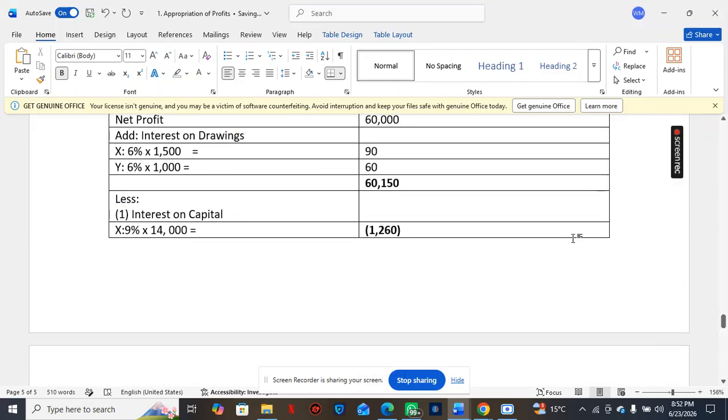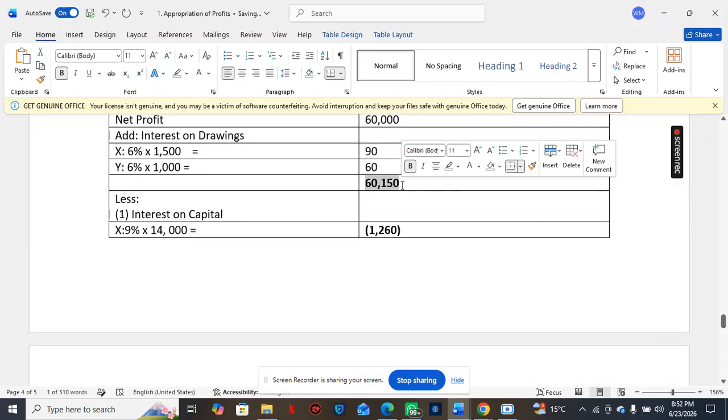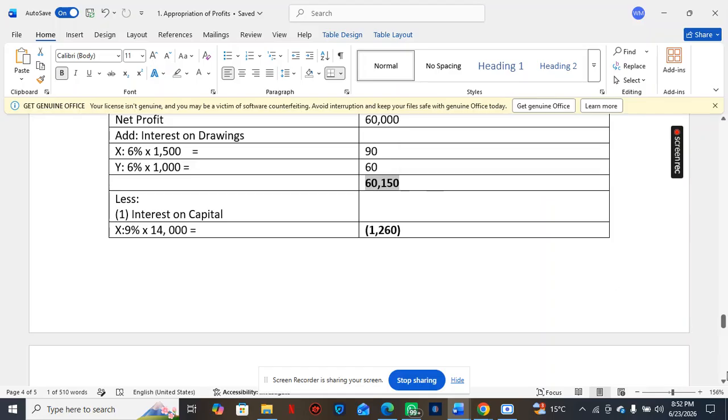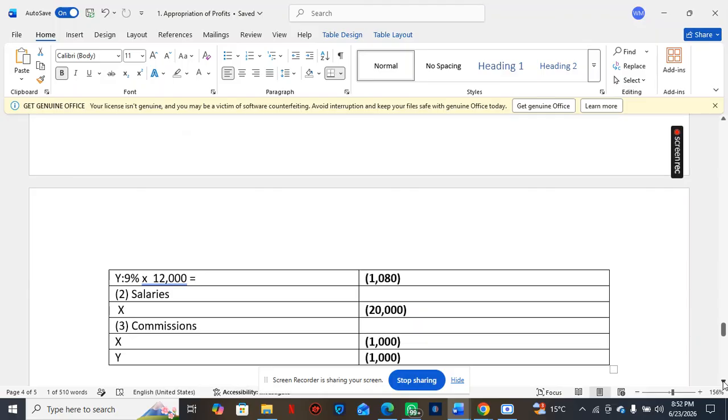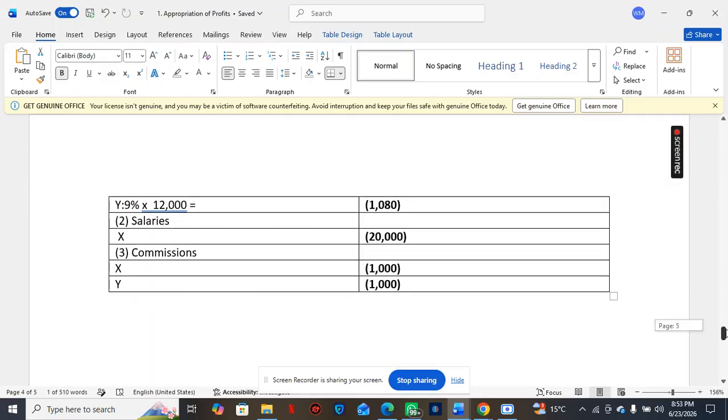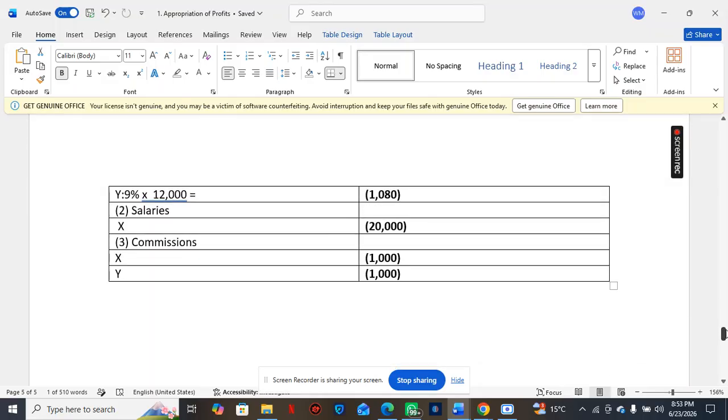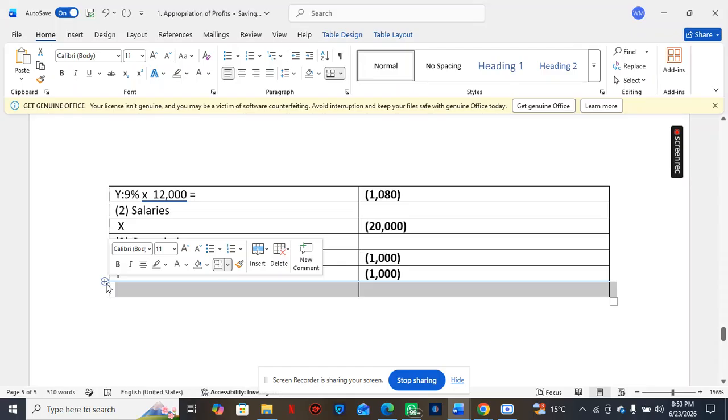So we're going to say 60,150 minus 1,260 minus 1,080 minus 20,000 minus 1,000 minus 1,000, which gives us 35,108.